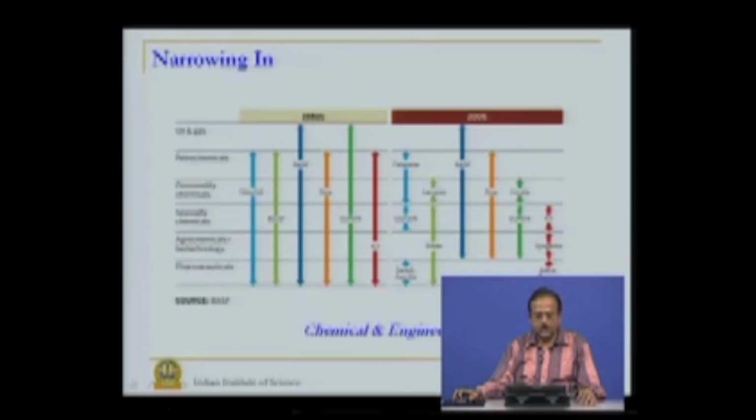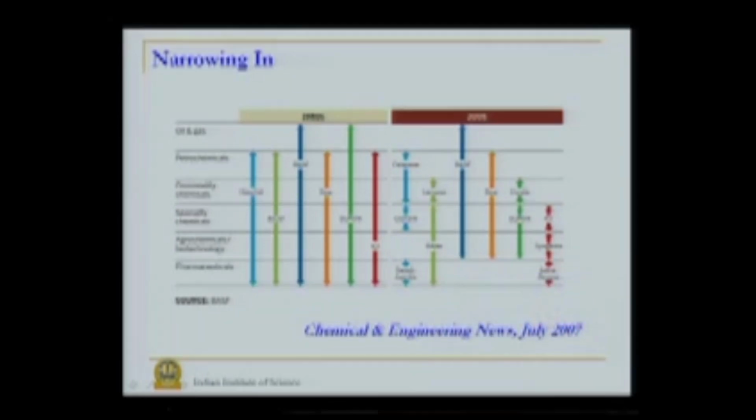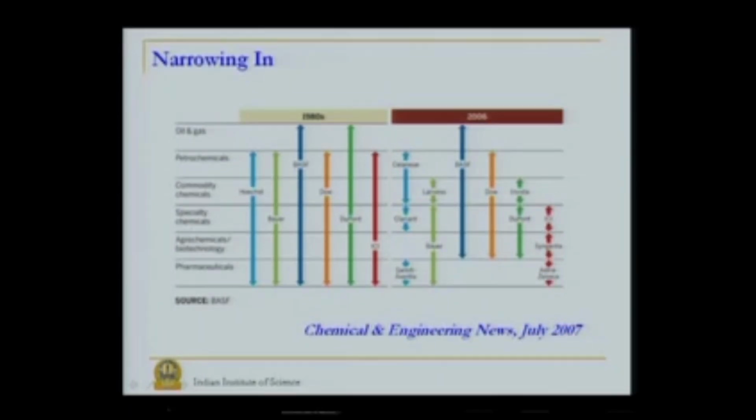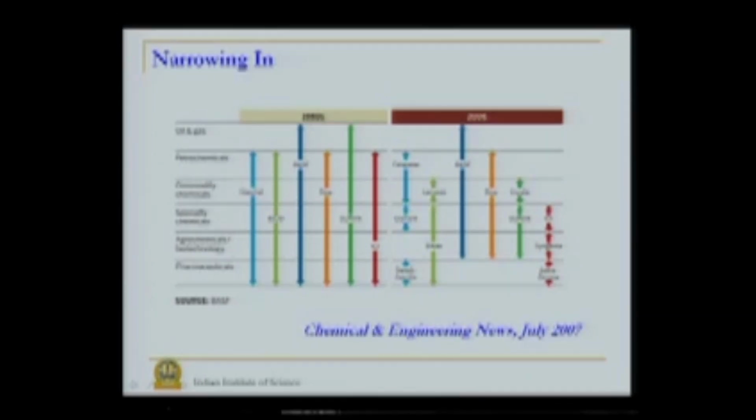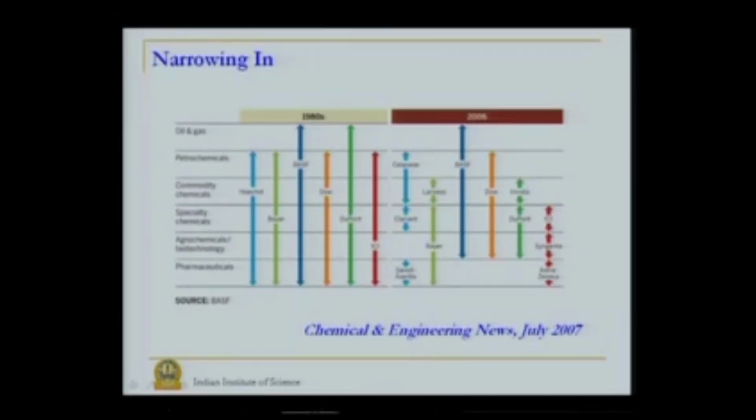For example, BASF has given away their pharmaceuticals. So is the case with DuPont, which has come out of petrochemicals, oil and gas and so on. So, we are now looking at an industry which is narrowing in, or focusing more on the key sector, rather than doing everything under the sun.